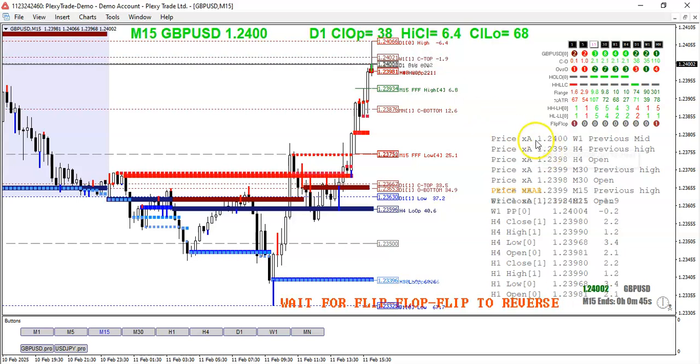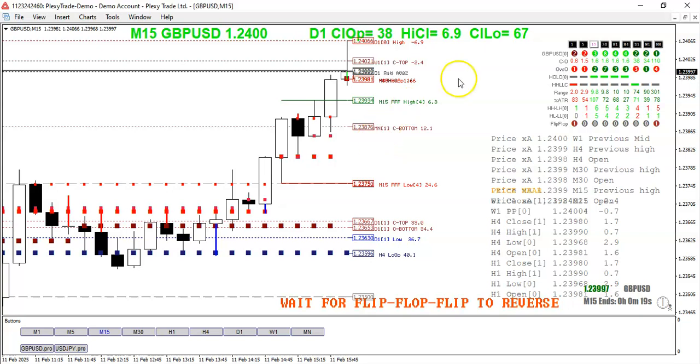And you can see right here we're crossing above a lot of levels, and that's why this thing has got my chart all filled up. In fact, we're coming near the bottom of the hour, so it's possible we'll get a higher M30 and higher M15 open.